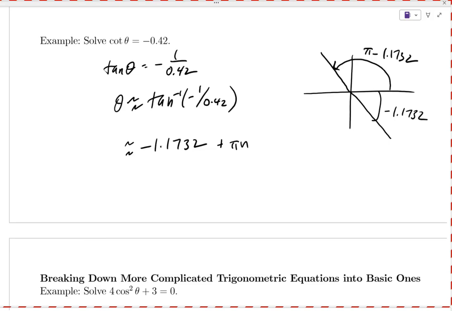So another way to write it, you could write theta equals 1.1732 plus multiples of 2 pi. Or you could do pi minus 1.1732 plus multiples of 2 pi. They're both correct. The first way is just a little bit more succinct, right?